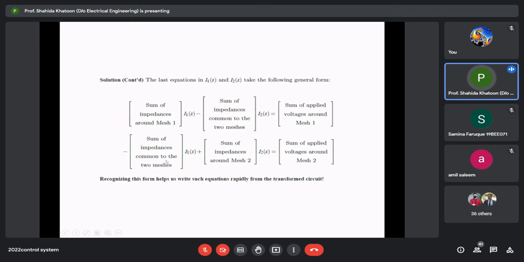Minus sum of impedances common to the two meshes into I1 plus sum of impedances around mesh 2 into I2 equal to sum of applied voltages around mesh 2. Okay, so this is the generalized form of KVL.